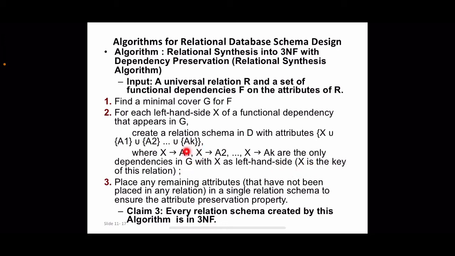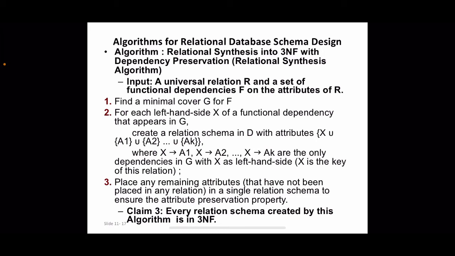So take all those attributes which are on the right hand side of the dependencies where X is the left hand side, take the union of those together with X, and this will form a relation schema D. This will be repeated for every functional dependency.